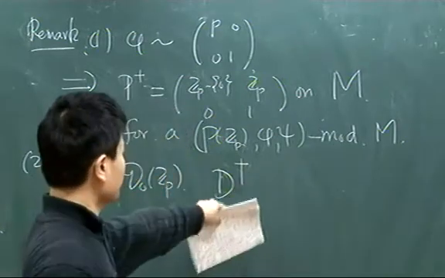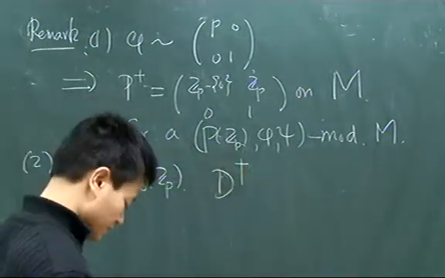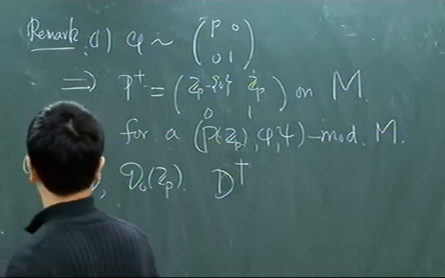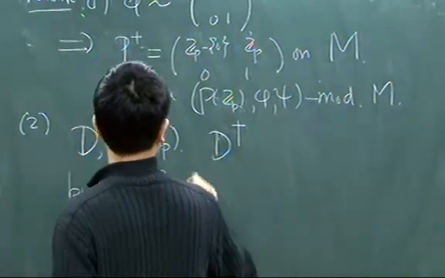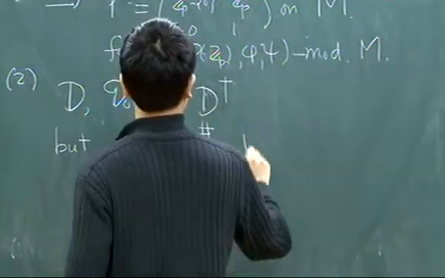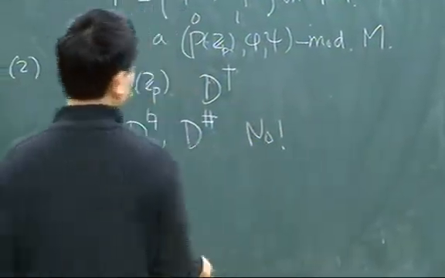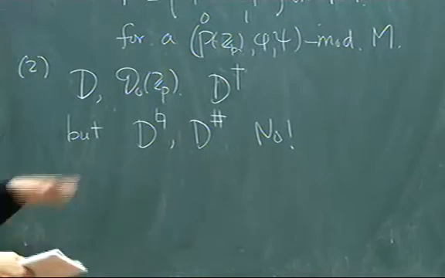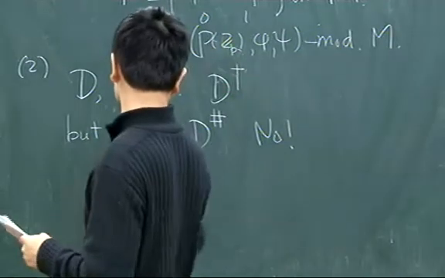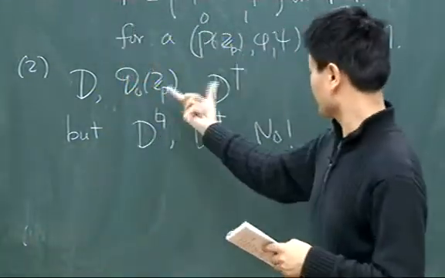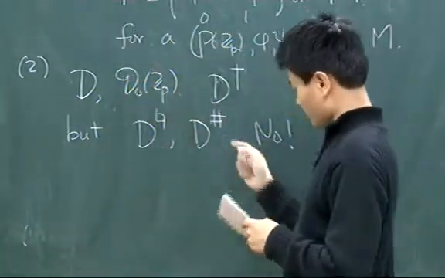This one is a P-Z_p phi-psi module, but this and this, no, because you can see the phi action is not stable. So this is good, this is no.